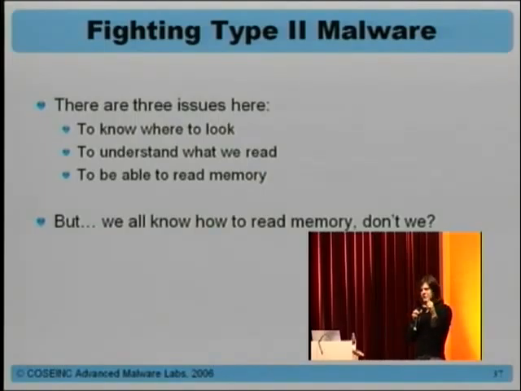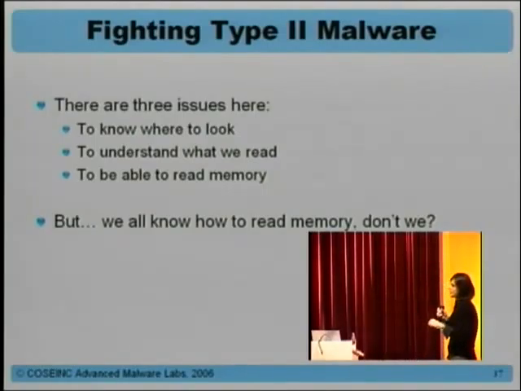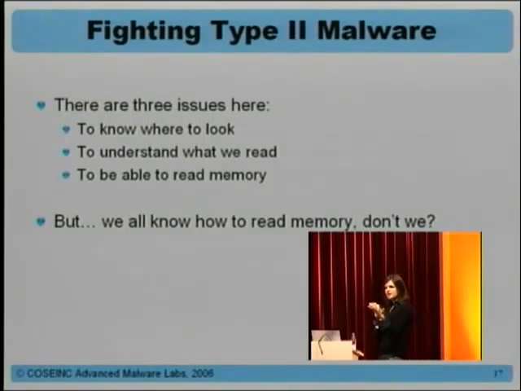We need to know where the instances of those structures are at the moment. So we need to find some dynamic lists of those open blocks, and then we need to look at those pointers, at specific offsets in this data structure. So this is to know where to look.